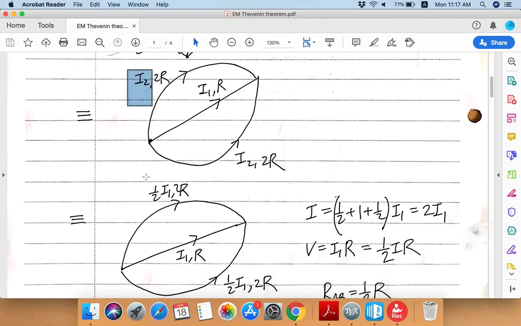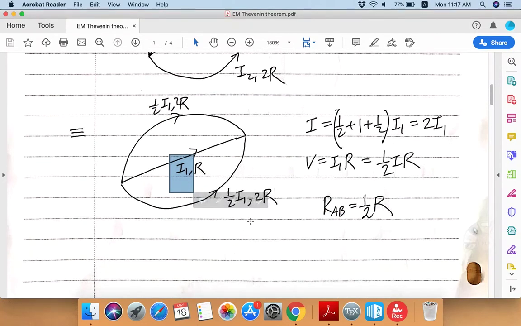Okay, so you have half of I1, you have full I1 current, half of I1 current. So altogether, the current that flows through these three different channels is obtained by adding up all three contributions, equaling twice I1.